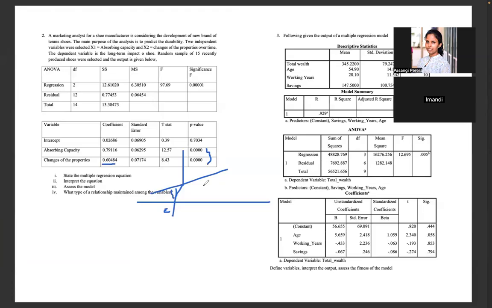See how we do the assessment. Not only with the F value, not only with the p value, you can assess it with the F value, p value for individual coefficients, as well as you can calculate and give comments on the R squared values.